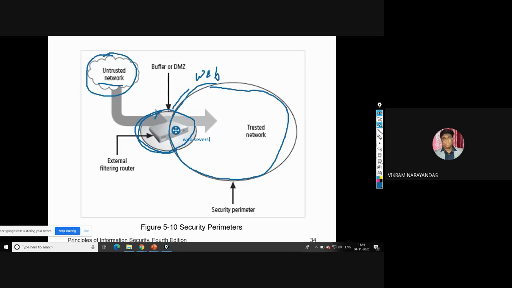These servers generally provide access to the organizational web pages without allowing the web request to enter into the interior networks here.